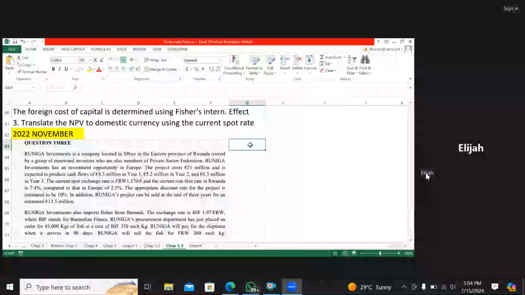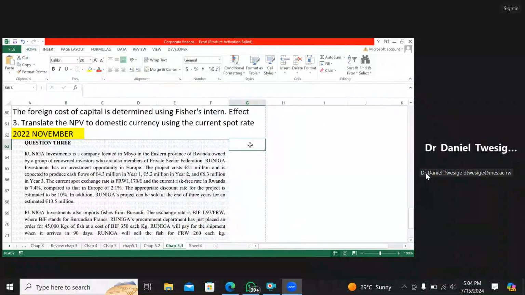Then after that, we talked about the process of evaluating a project, and we said there are two methods used. The first method: you determine your cash flows and incorporate inflation.